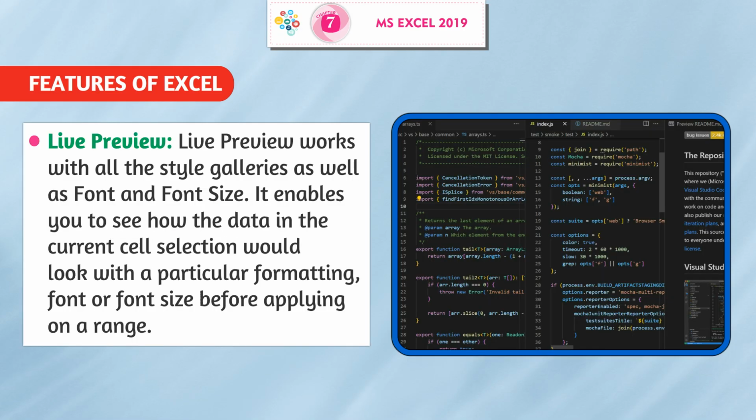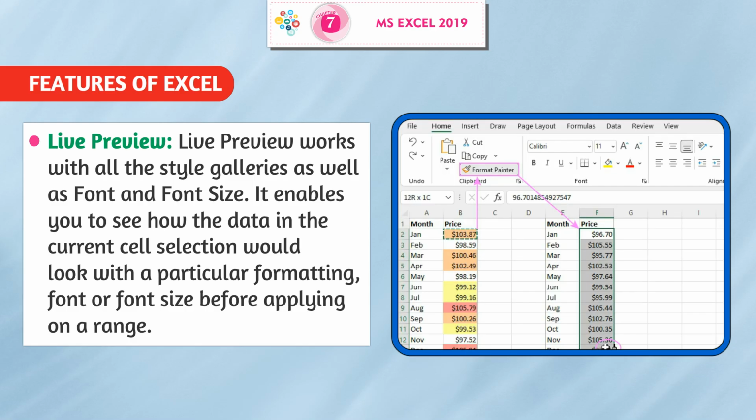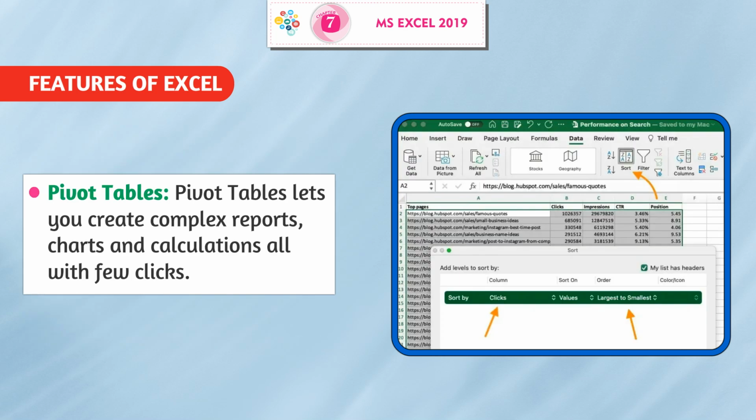Live Preview. Live Preview works with all the style galleries as well as font and font size. It enables you to see how the data in the current cell selection would look with a particular formatting, font or font size before applying on a range. Pivot tables.